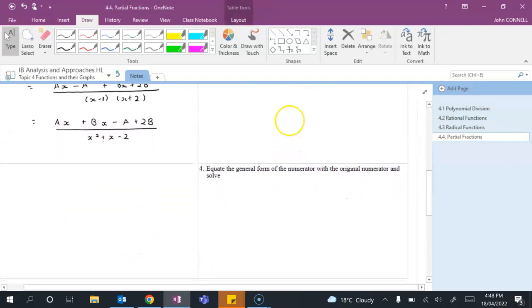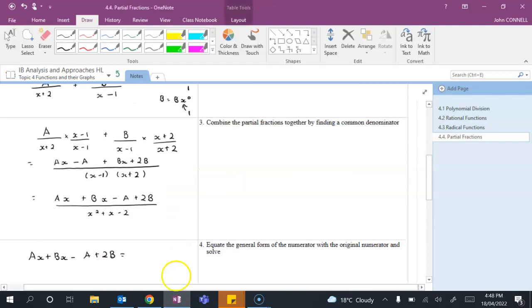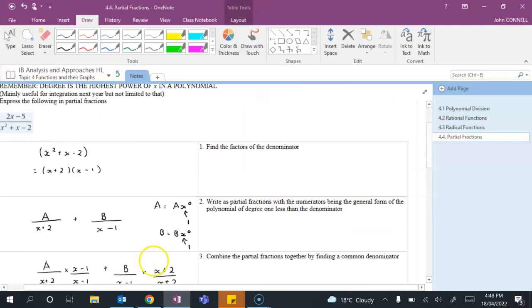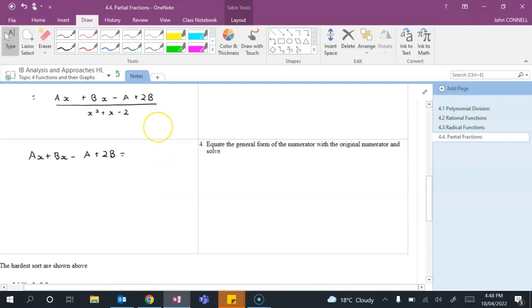Now, I want to find a and b. So equate the general form for the numerator, which is ax plus bx take a plus 2b, and if I look back up there, it told us that originally it was 2x take 5. What I'm going to do here is equate the coefficient of x and the constants, the numbers without x.